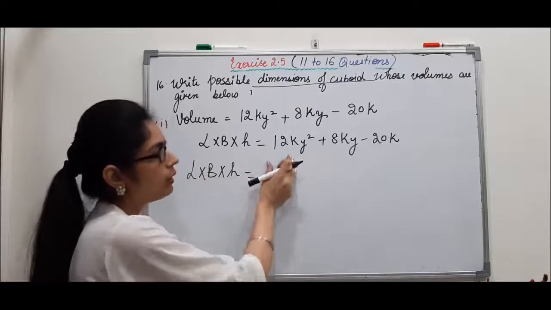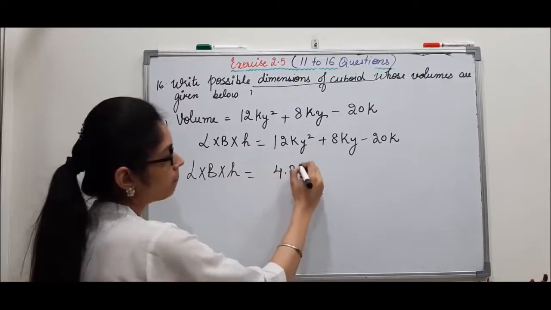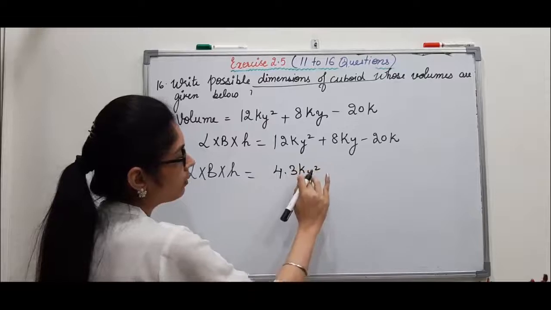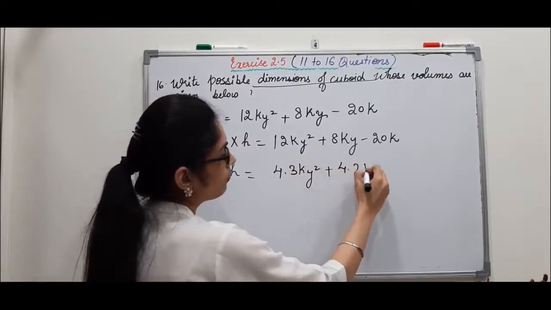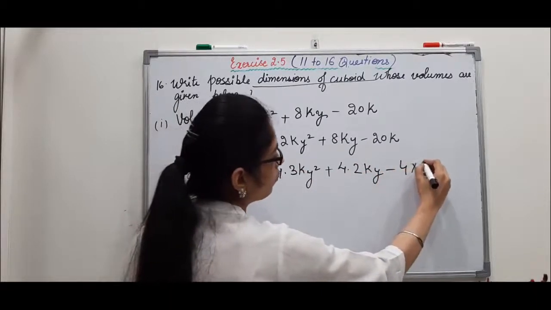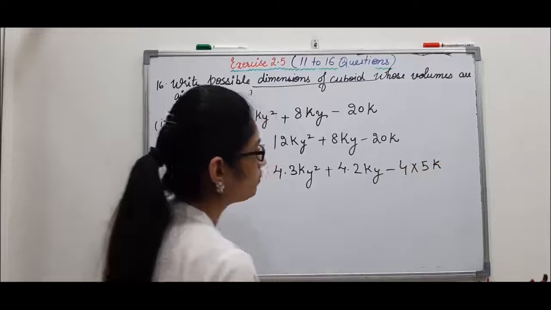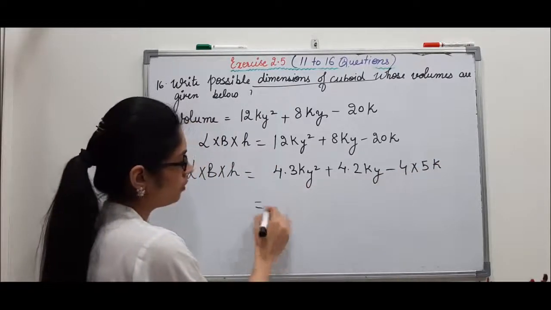So 12 we can write as 4 into 3ky square, 8 we can write as 4 into 2ky, and 20 we can write as 4 into 5k. I have just written it in simpler form.